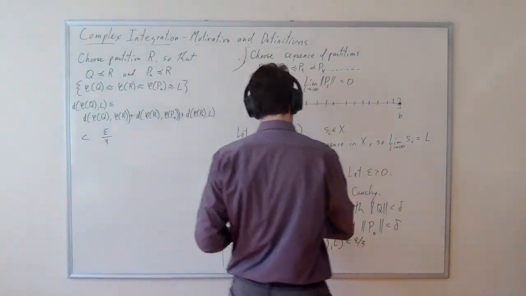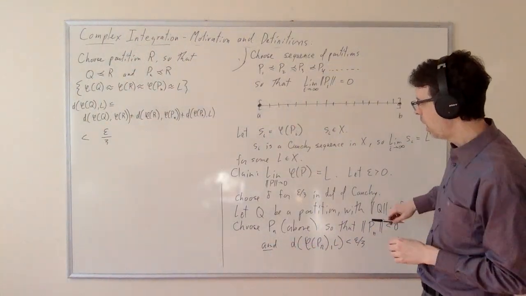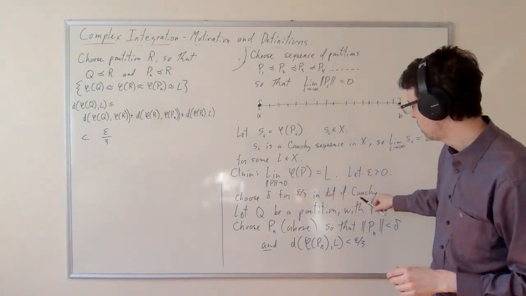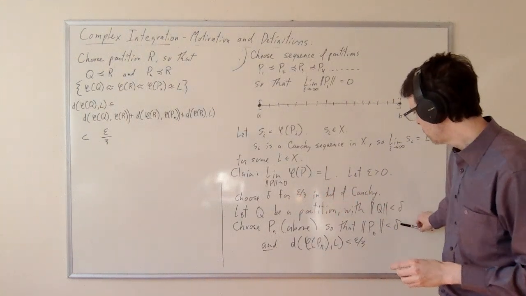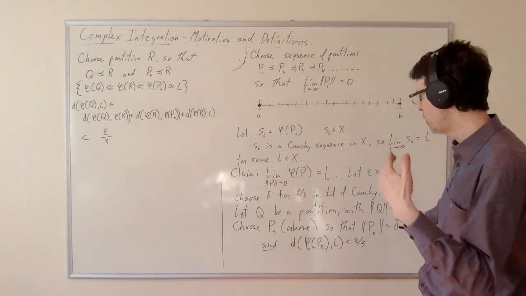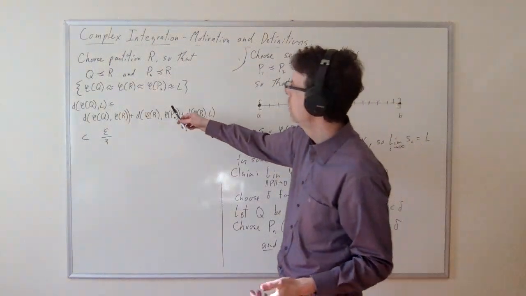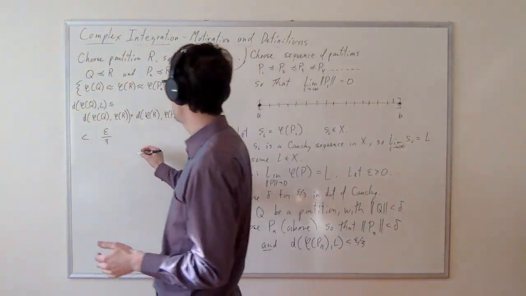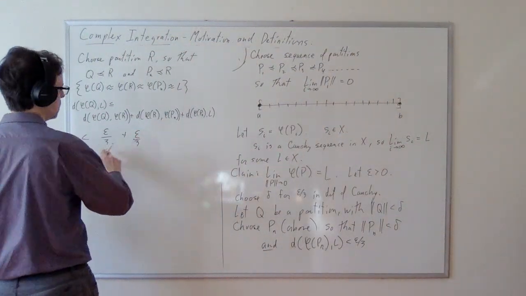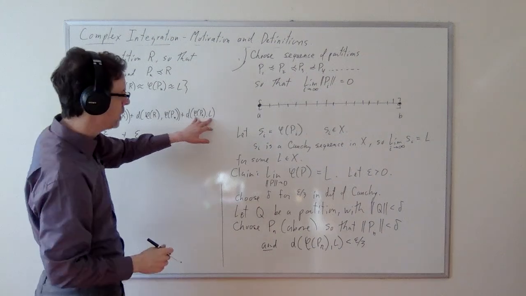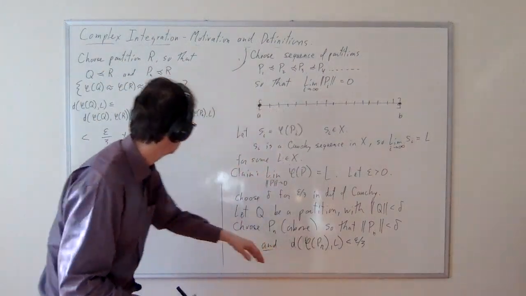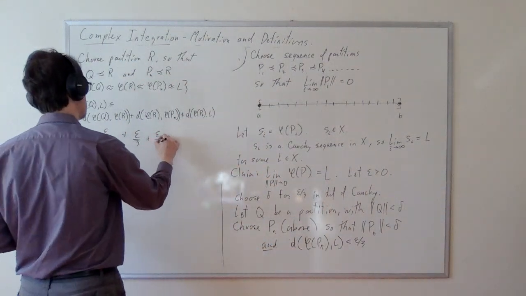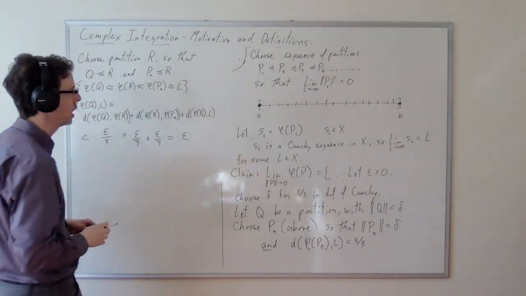Notice that Pn is chosen to be delta fine, and delta is for epsilon over 3 in the definition of Cauchy. R is a refinement of it. It also is delta fine, and they have that refinement relationship. And so by exactly the same logic, that gives us epsilon over 3 here. And then this thing is chosen in this way to be less than epsilon over 3. And that gives us, finally, epsilon.